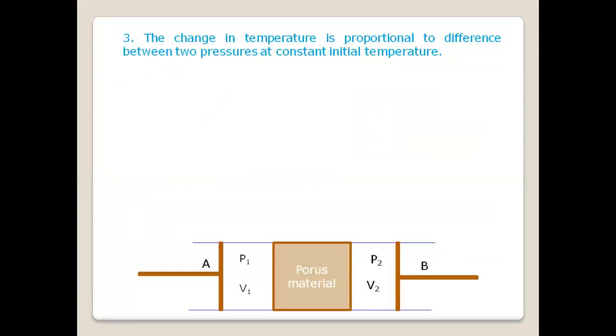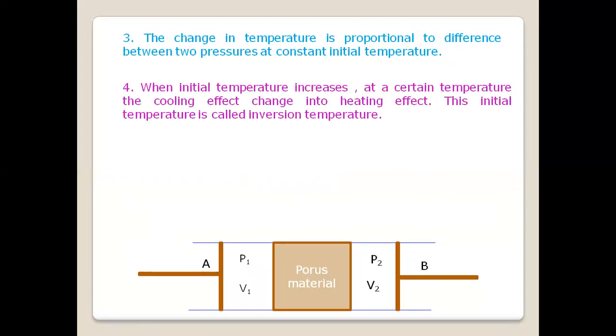The change in temperature of the gas is directly proportional to the difference between the pressures in the two compartments, that is, the difference of P1 and P2, at a constant initial temperature. It means that the change in temperature depends on the initial temperature of the gas in compartment 1.